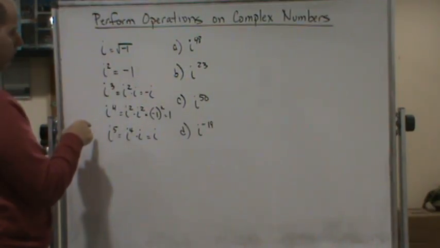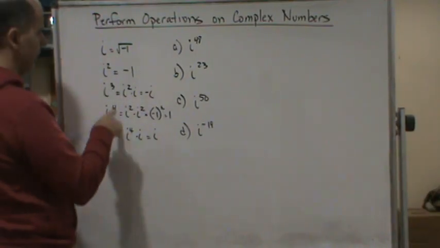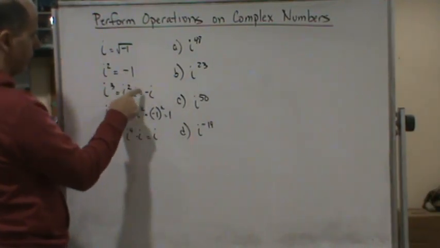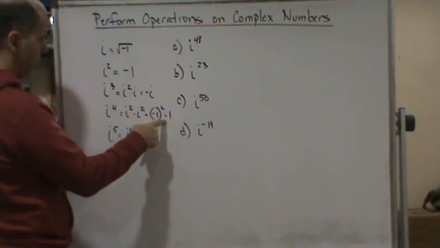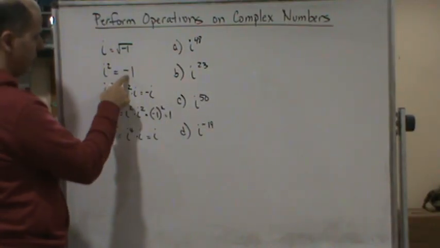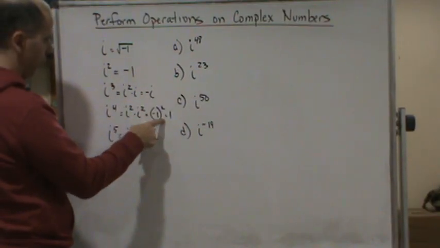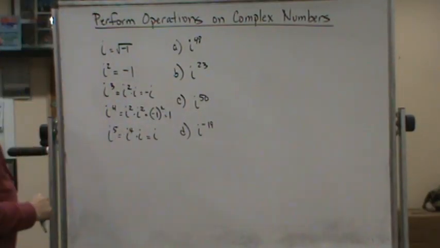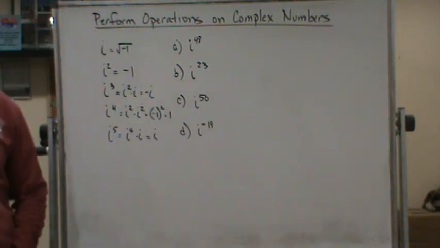It goes i, -1, -i, 1, and it keeps going in that pattern. So we can use that pattern to our advantage when it comes to finding powers of i with large powers, negative or positive.